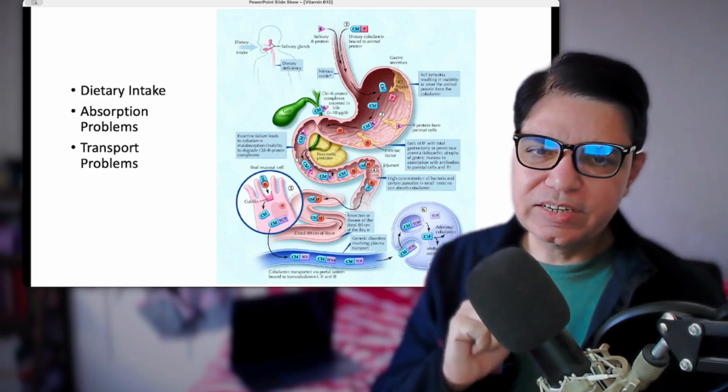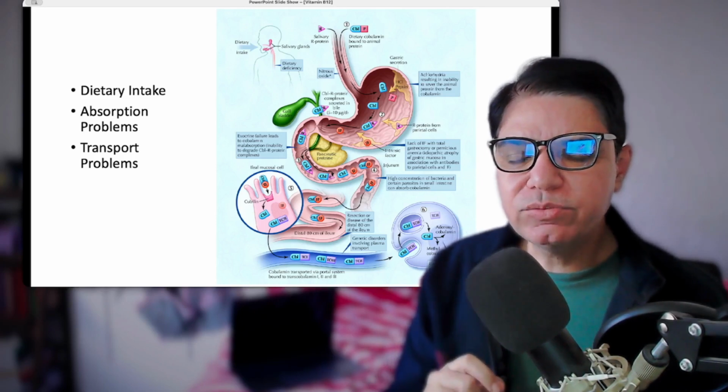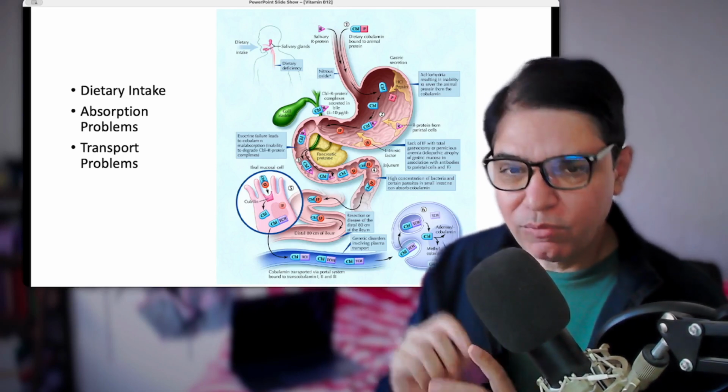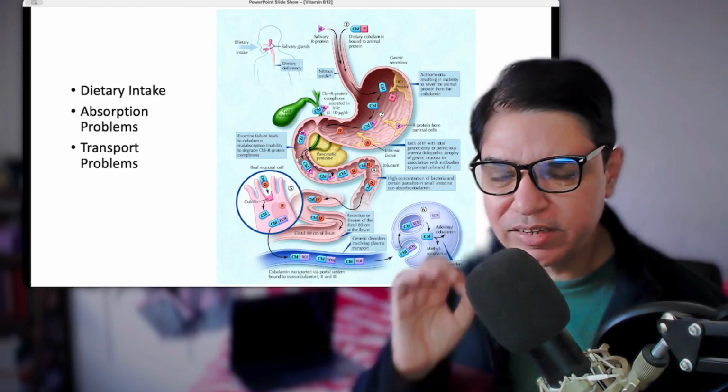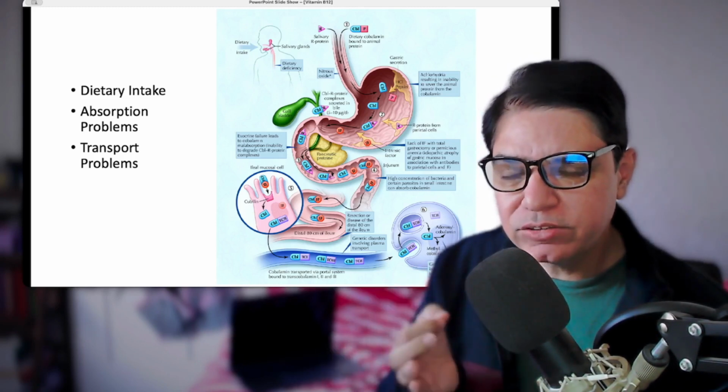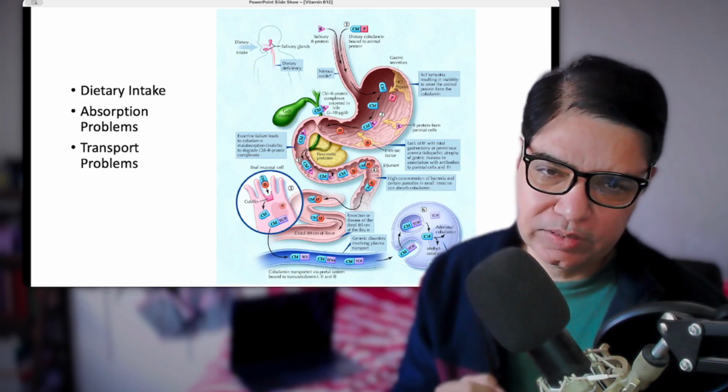So this intrinsic factor combines with vitamin B12. Vitamin B12 cannot go down and cannot get absorbed unless it combines with intrinsic factor. This is step number one.